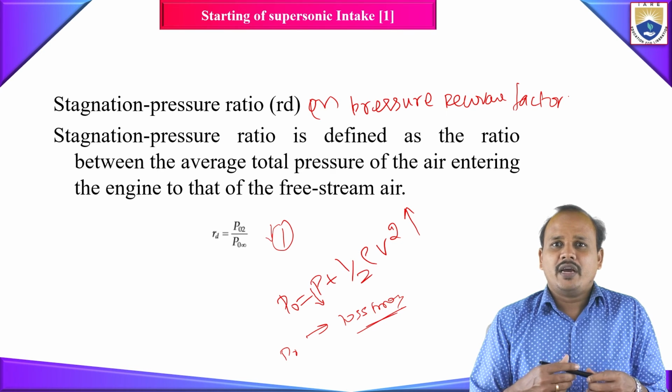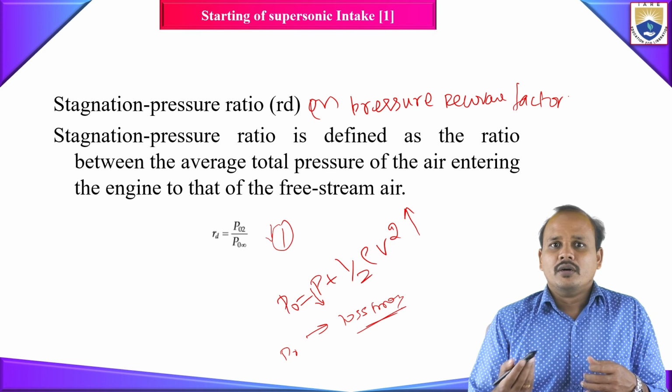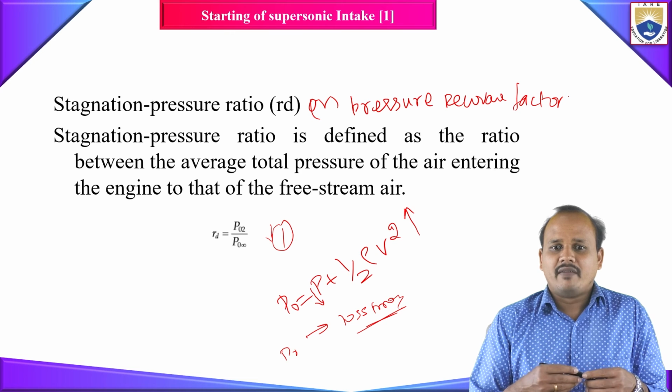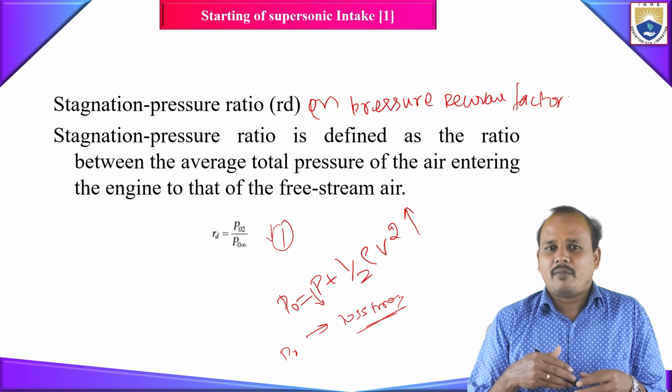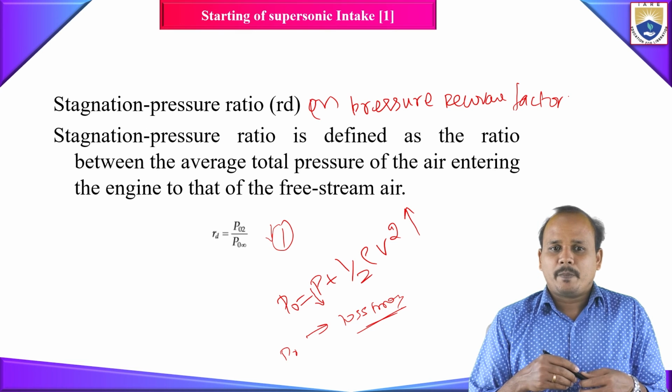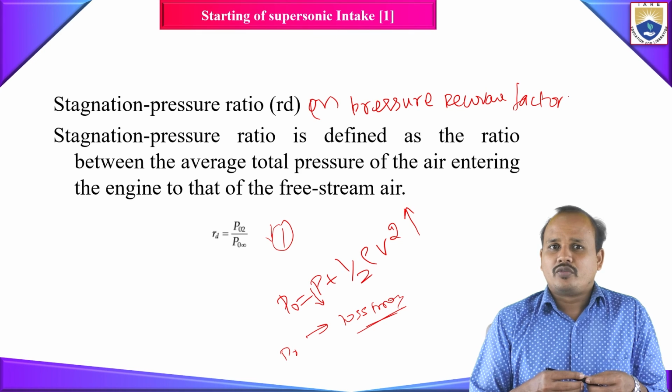You know why we have to situate the shock slightly downstream of the throat: in that location your Mach number is only slightly greater than 1, so the shock wave forming will have the weakest strength. When the flow crosses it, you will have the least amount of total pressure loss. This process of establishing a stable shock downstream of your throat location is what we call the starting of your supersonic intake.